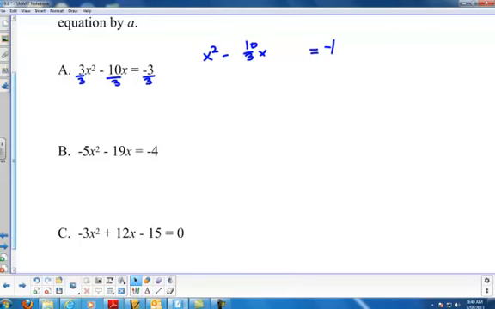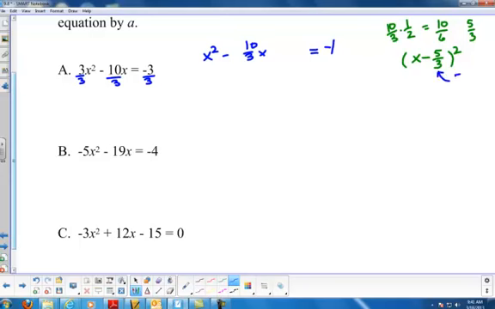Now, half of 10/3 is 10/6, because we were doing half of b. That simplifies to 5/3. So our factored form is going to be x minus 5/3 squared. Now, 5/3 squared, that c value is 25 over 9.